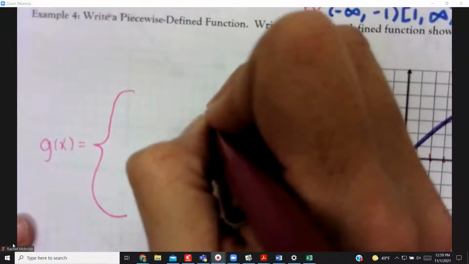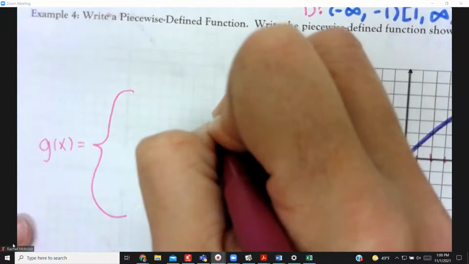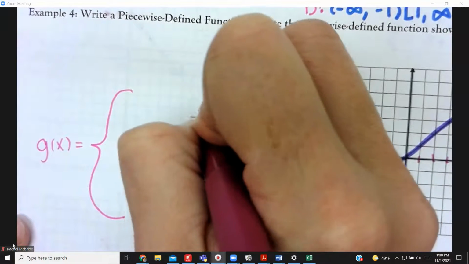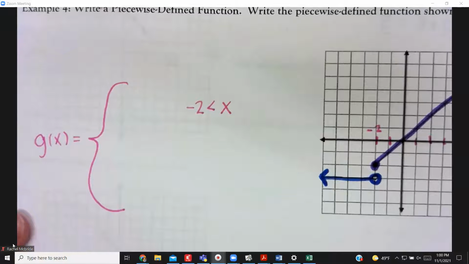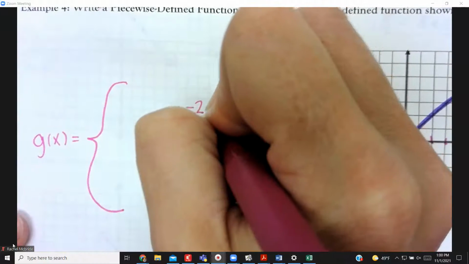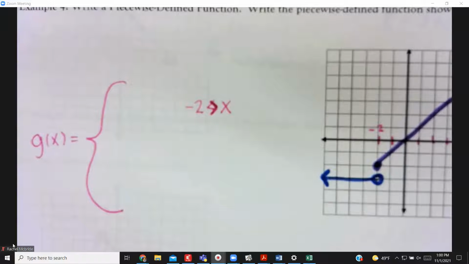It's open, so that means its x values greater than negative 2. Sorry. Less than.